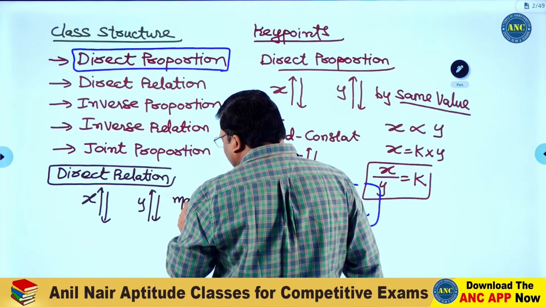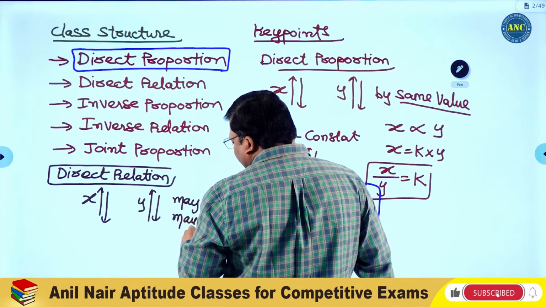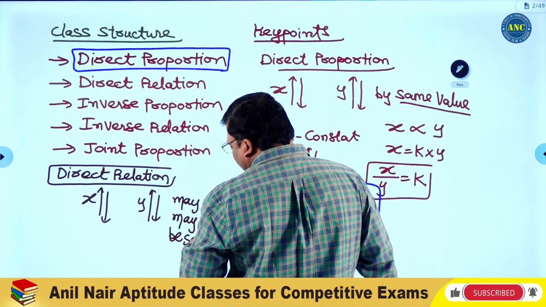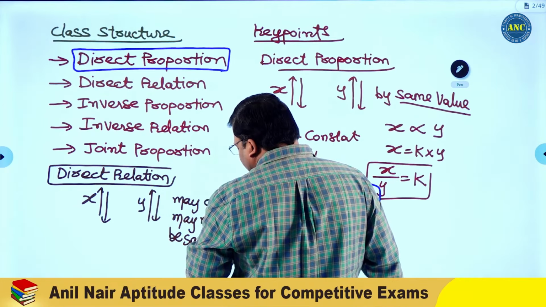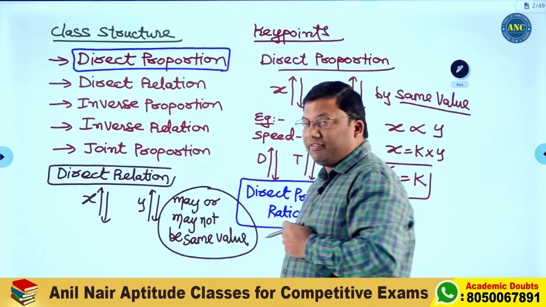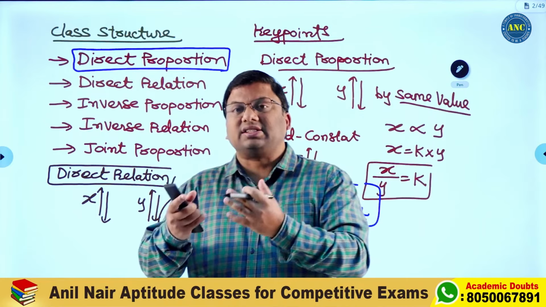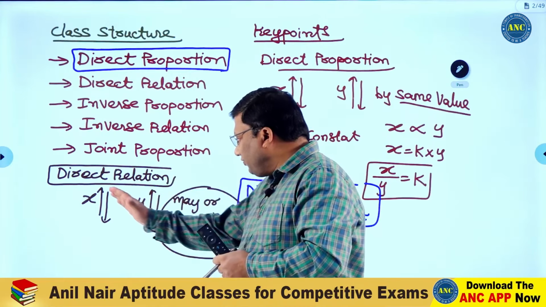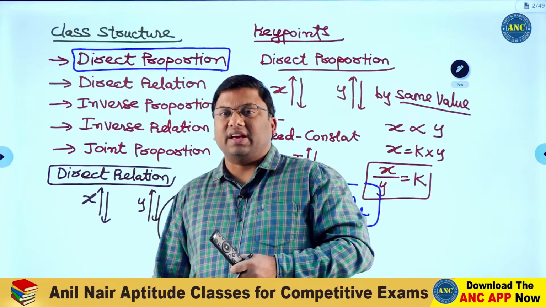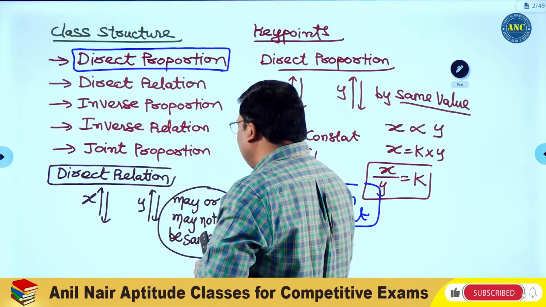May or may not be by the same value. If it is by the same value, then it is a direct proportion. If x becomes double, y may not necessarily become 2 times. If this increases, this also increases, but may not be by the same value. I hope the idea is clear.